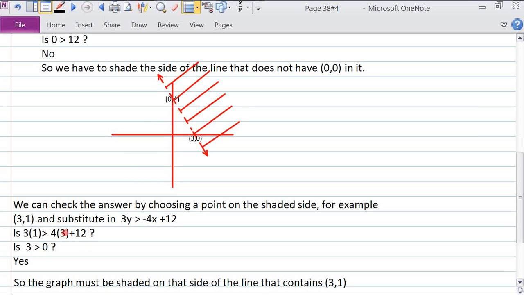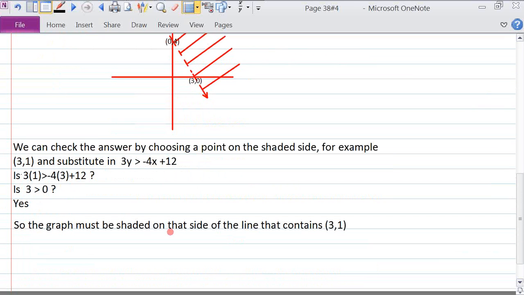Minus 4 times plus 3 is minus 12. Plus 12 is 0. So we have minus 12 plus 12, which gives us a 0. Is 3 greater than 0? Yes, it is. So the point 3, 1 is correctly on the shaded side. So the graph must be shaded on that side of the line that contains 3, 1.